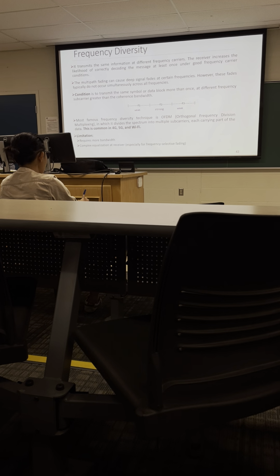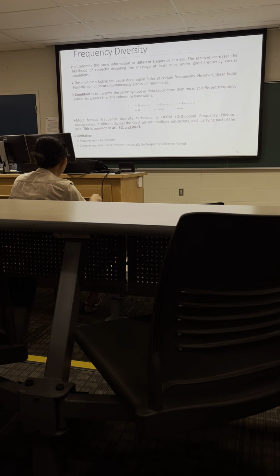So if you use multiple subcarriers within this coherence bandwidth, all of them will experience the same behavior, which will not help us here. So you need to make the separation between one subcarrier and another subcarrier at least the coherence bandwidth. This is the condition for frequency diversity.